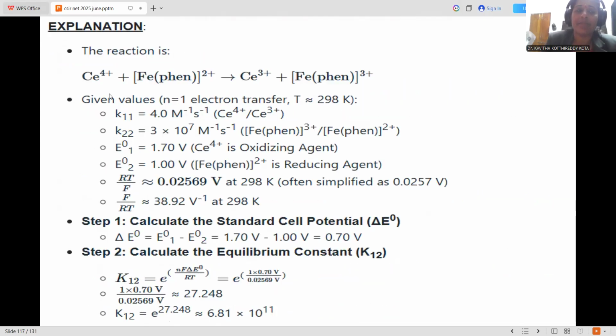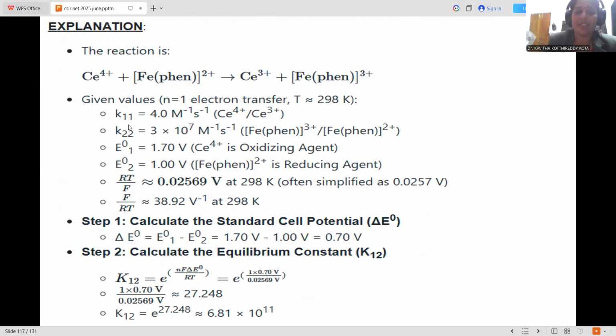Let me see. Cerium +4 is going to react with the iron phenanthrene +2 complex, so cerium gets reduced and iron gets oxidized. The given transfer of electrons is only 1, so n is 1. It is a one electron transfer reaction, carried out at 298 Kelvin.